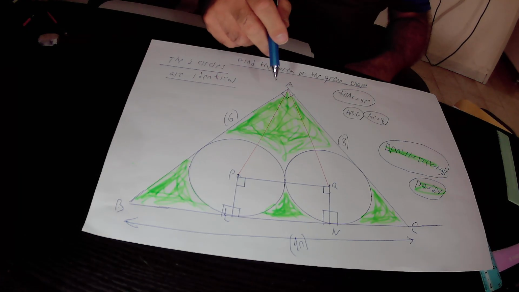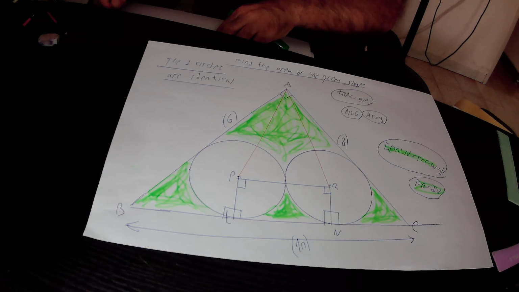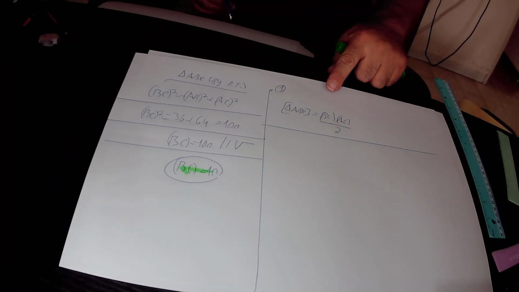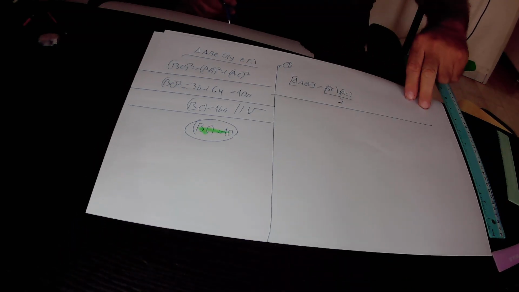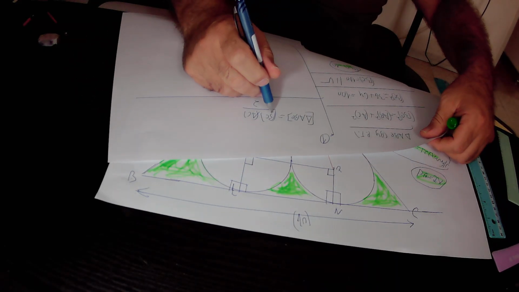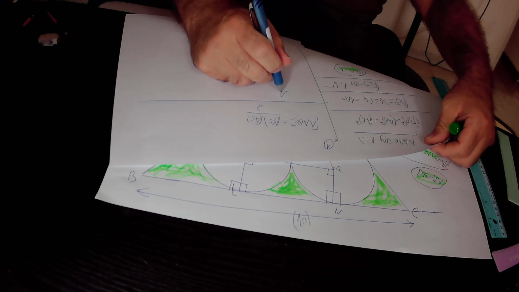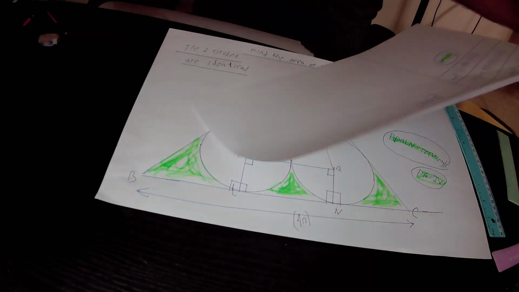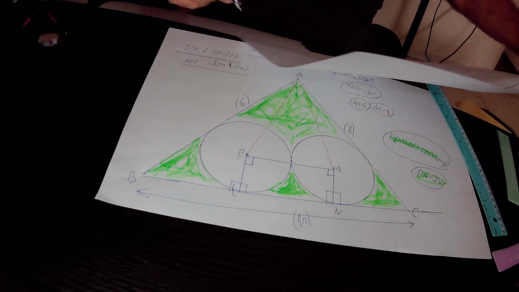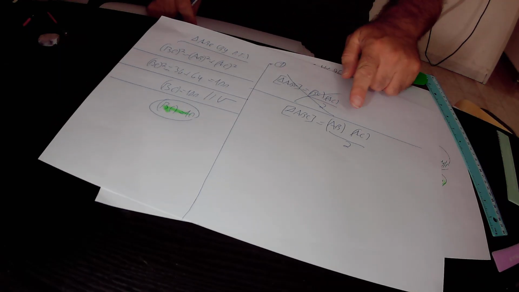So the area of this big right triangle ABC is equal to the base AB times the height AC over 2.